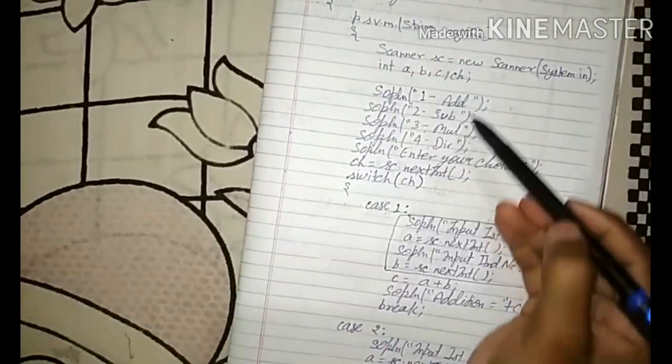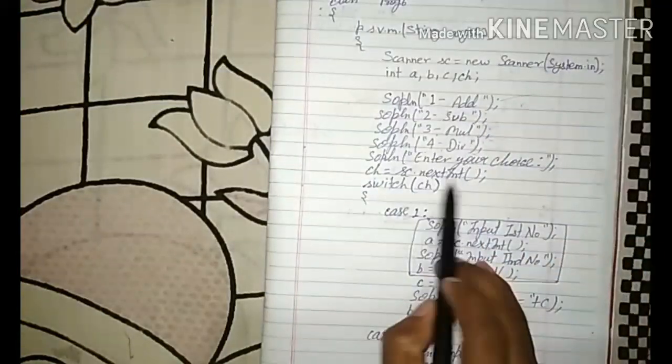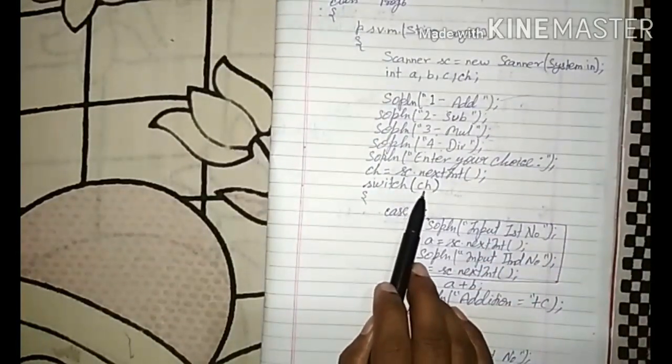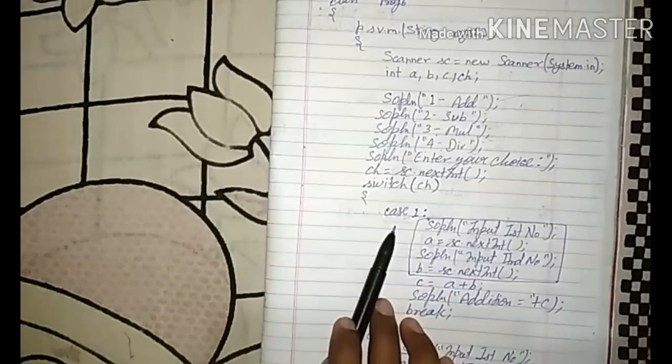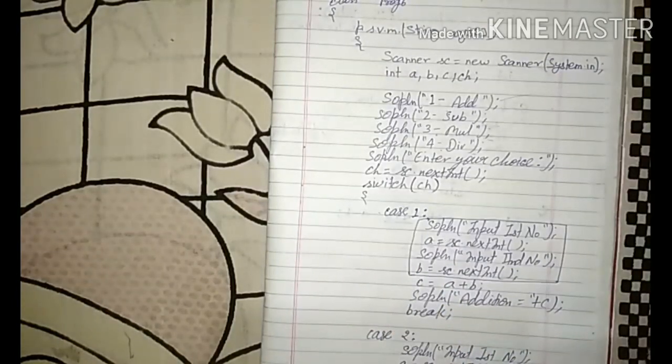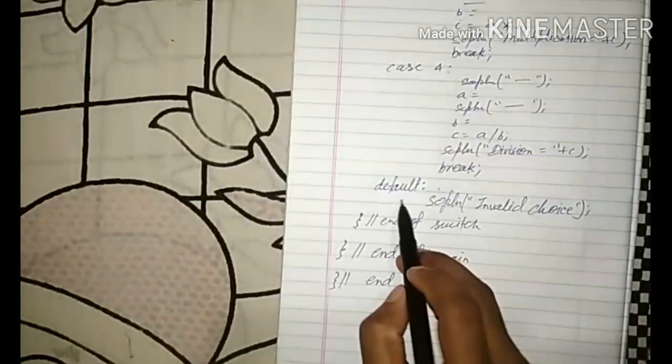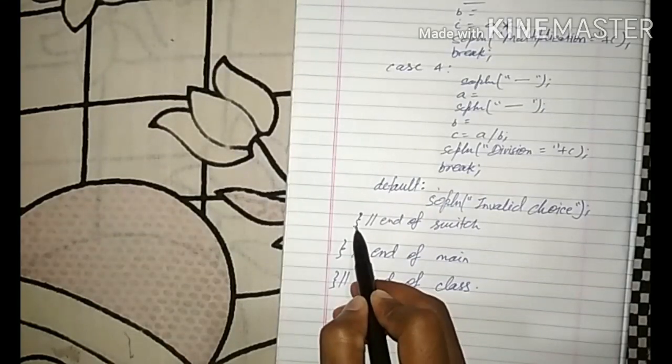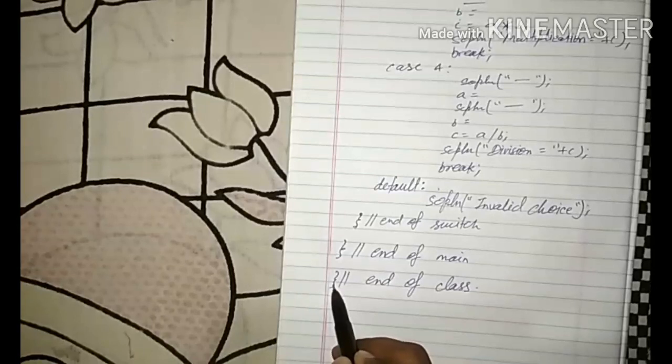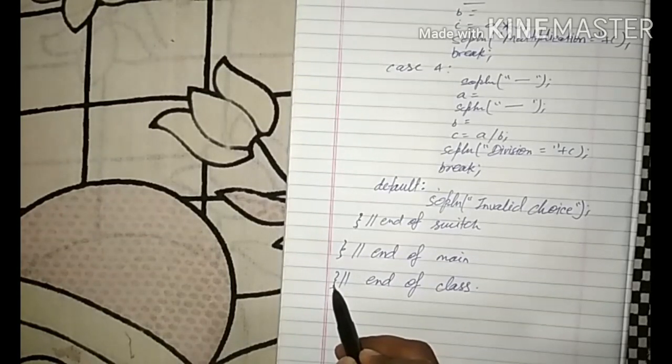First you have to write the menu, then choice, then switch, and in switch you have to put the choice. After that, in the switch body you have to write all the cases and operations, and after the cases there is a need to write default. After that you can close switch, main, and class. I think you have got this switch case. This is a very important statement, because using this statement you can write a menu driven program.